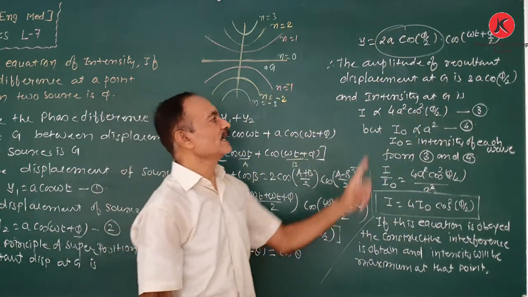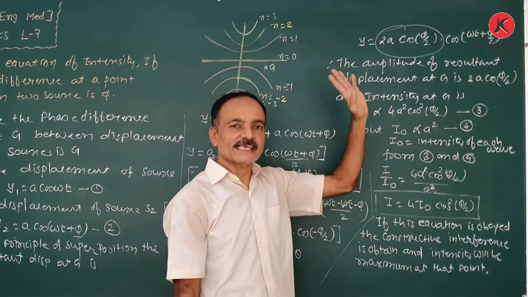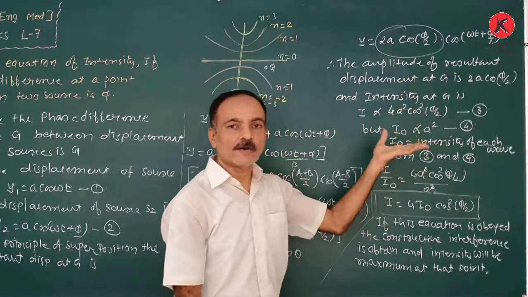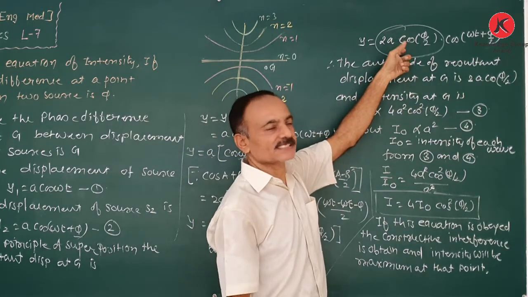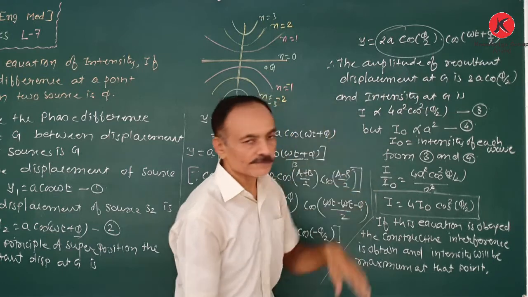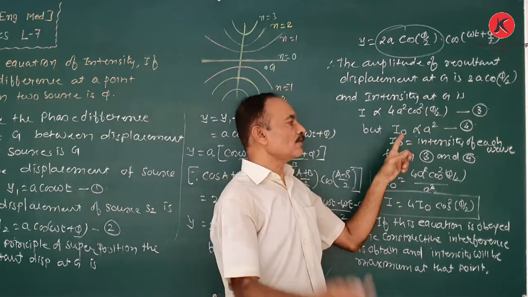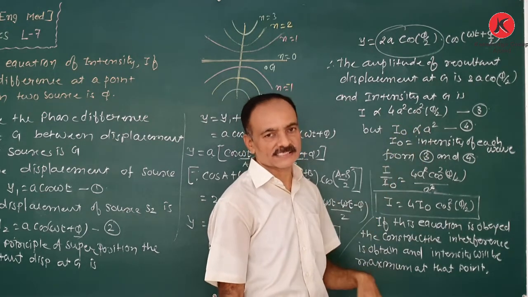The amplitude of resultant displacement at G, from this equation, is 2A cos phi by 2. And intensity at G, we know that the intensity at any point is directly proportional to the square of amplitude. Therefore, I is proportional to the square of this term, so 4A square into cos square phi by 2. But we know that the intensity of each wave is I0 proportional to A square.